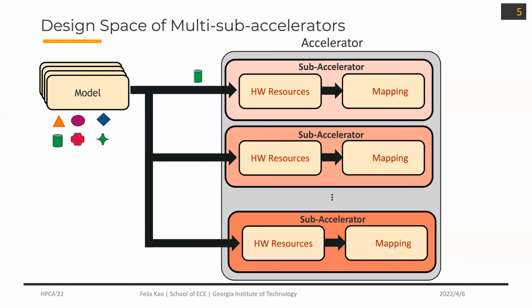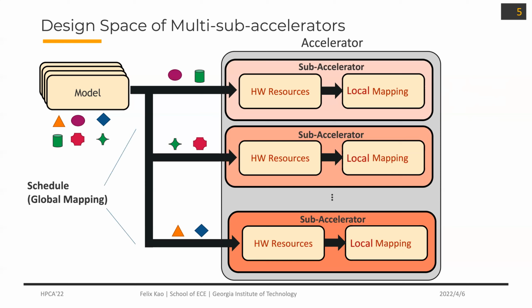This scheduling, we call global mapping. And the mapping in the sub-accelerator, we call local mapping. In this work, we assume the heterogeneous multi-core accelerator is given. That is to say, the sub-accelerator hardware resources and the local mapping part are fixed, and we optimize the scheduling or global mapping of it.